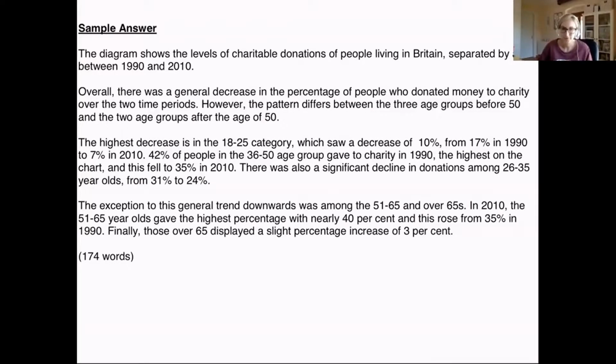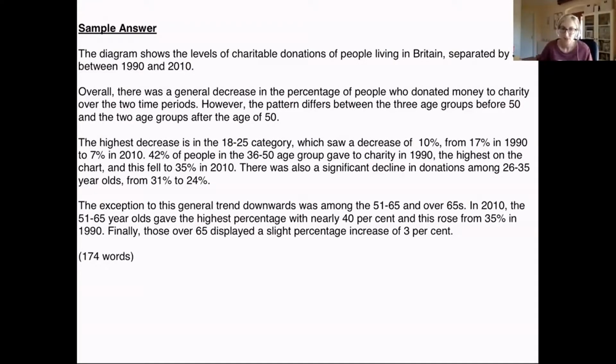Now the overview. Overall, there was a general decrease in the percentage of people who donated money to charity over the 2 time periods. However, the pattern differs between the 3 age groups before 50 and the 2 age groups after the age of 50. Now they go into the specifics and they put in the percentages.